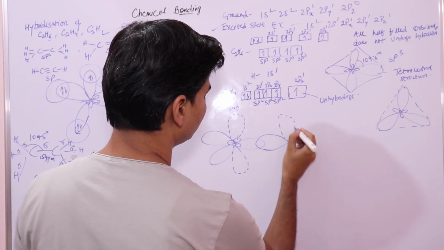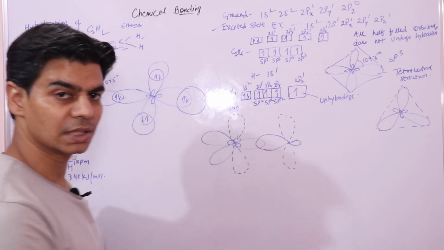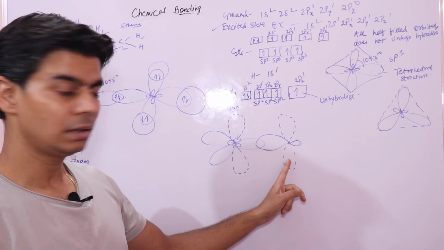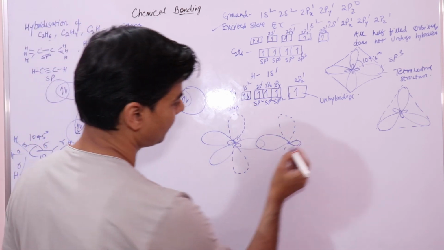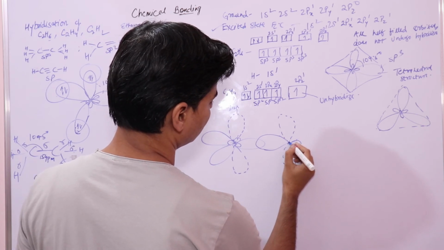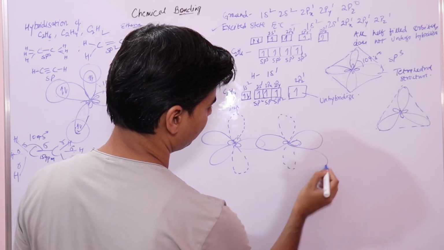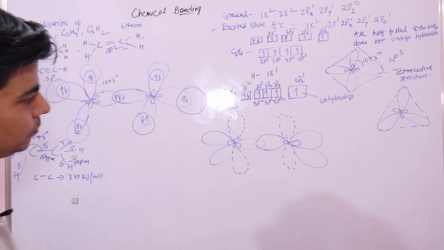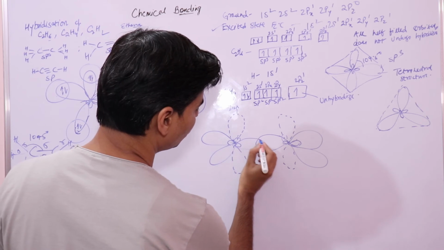On the second carbon atom also, since it is sp2 hybridized, one 2pz orbital will remain unhybridized, right?